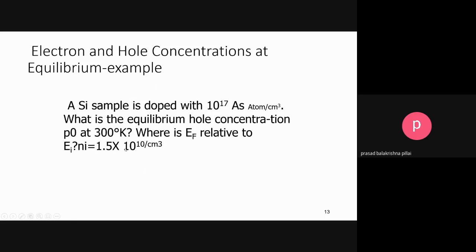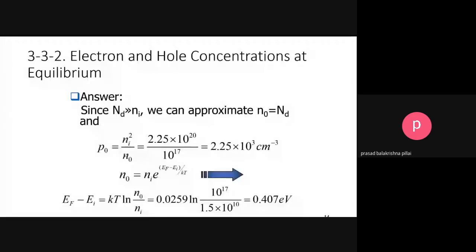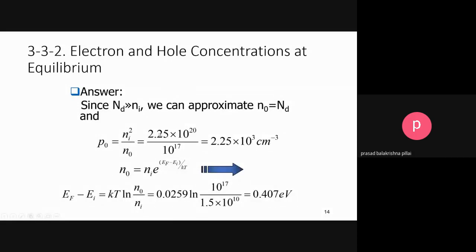So you can take advantage of the relationship we have talked of. Since Nd is much larger, n naught is taken to be Nd, so that doping density is given. Then you can find out the hole density, p naught equals ni squared by n naught.